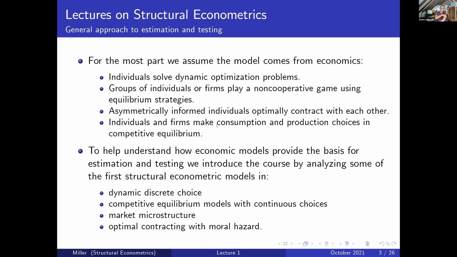So the first thing I want to do over these next 4 lectures is to give you a flavor of what people do in structural econometrics. I'll start off by describing a little bit about what a structural economic model is in discrete choice today.